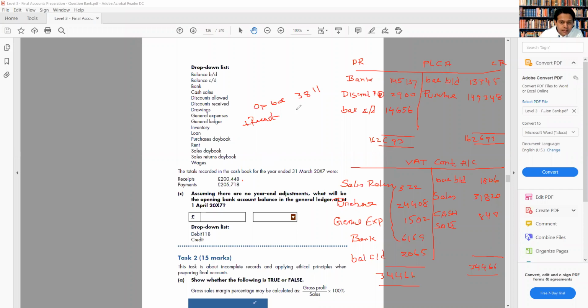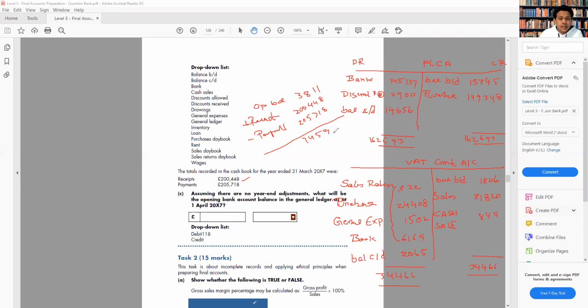We received 200,448 minus payment. How much we paid during the period? 205,718. And that will tell us how much money you still have in the bank. So we have 1459. Thank you, Magda. Thank you, Sifa.